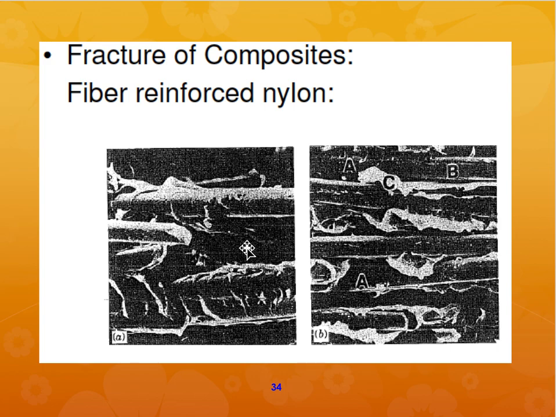fiber pull out. That fiber pull out essentially provides the samples with areas where the fibers are missing. If the fibers are missing in some areas, you know that they have been pulled out from the other side, and that contributes to extra strain to failure and extra stress to failure.